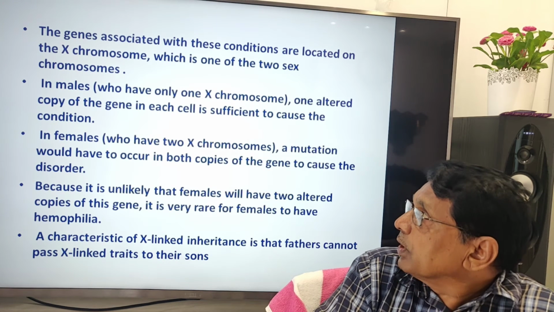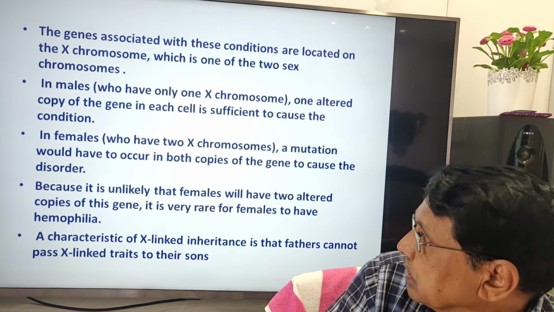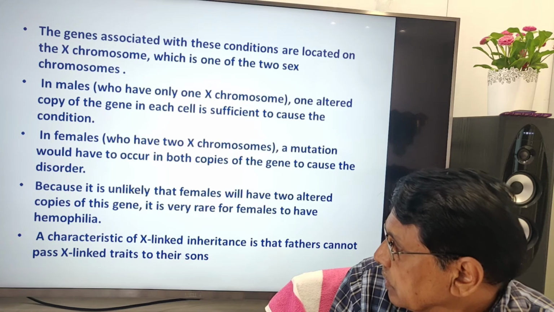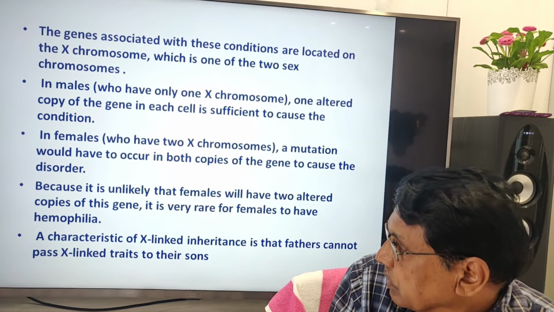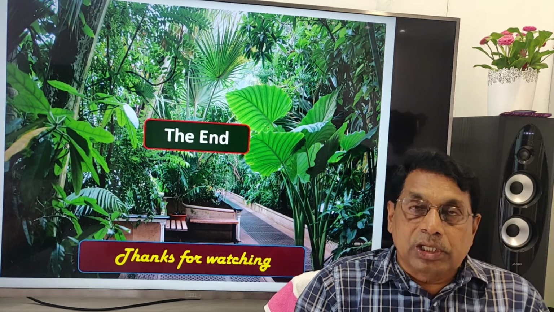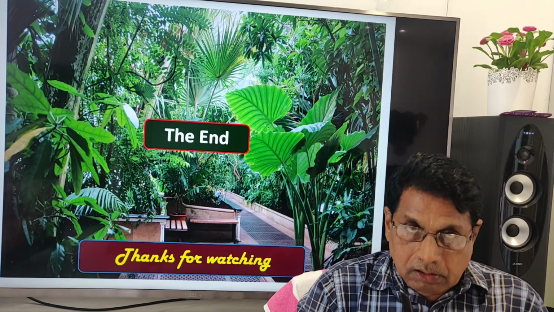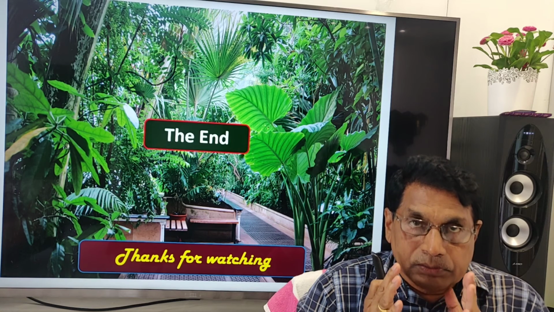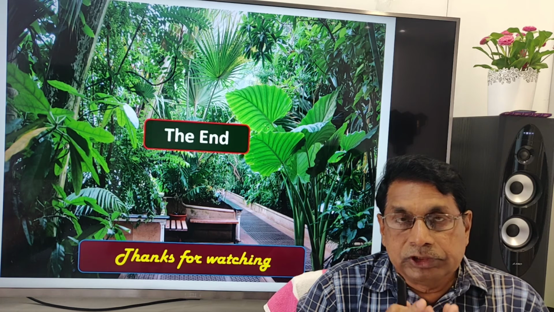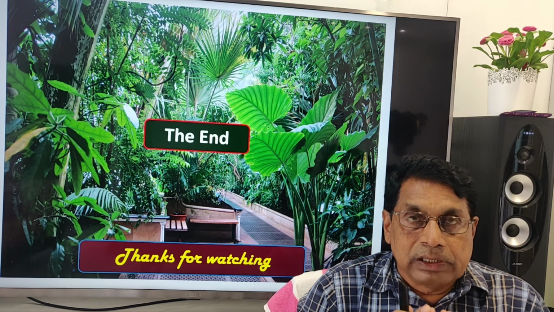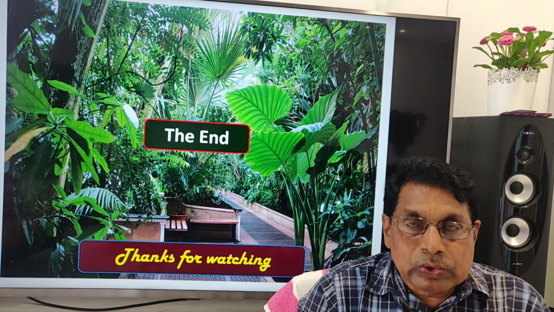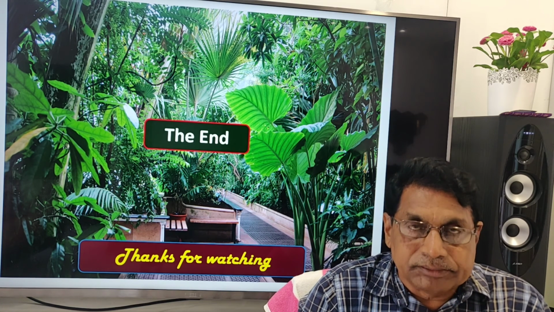Males and females both have X chromosomes. So this is about the genetic disorder haemophilia. It is a sex-linked recessive genetic disorder.